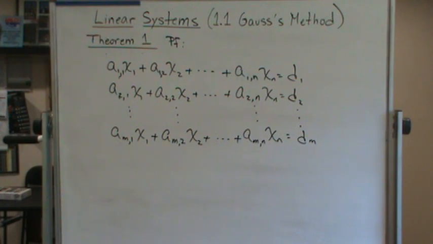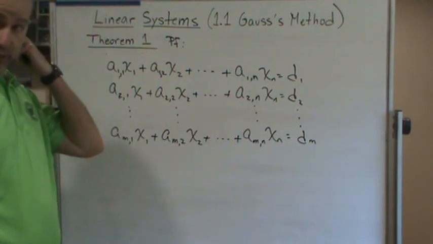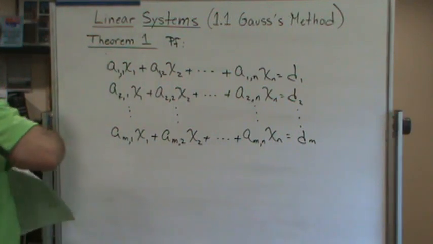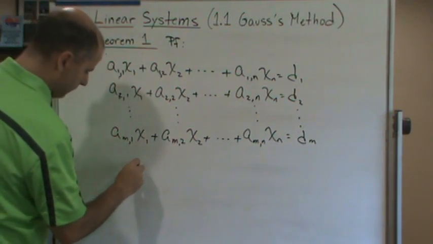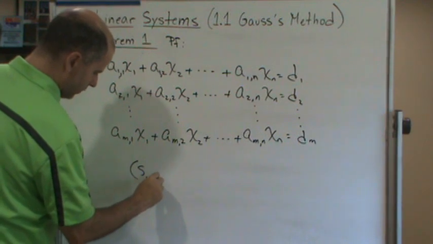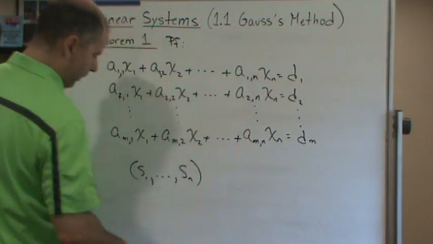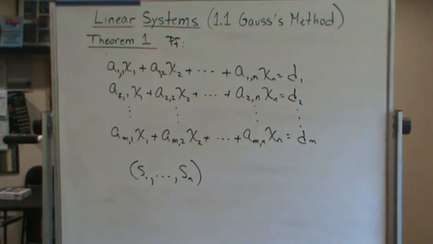So now let's start with what needs to be true if we have a solution. So if we have a solution, s1 through s sub n, so if this n-tuple is a solution, then what must be true?